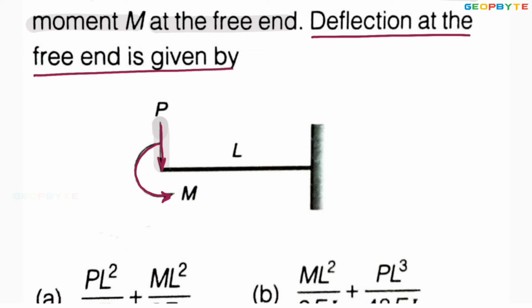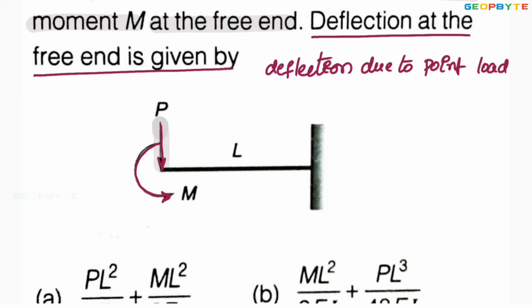Very simple. Deflection due to point load or concentrated load, let that be delta 1, is equal to PL cube by 3EI.